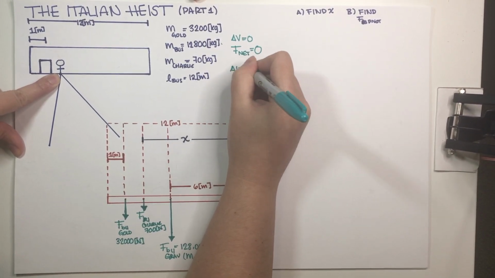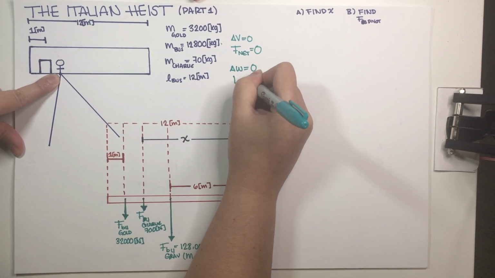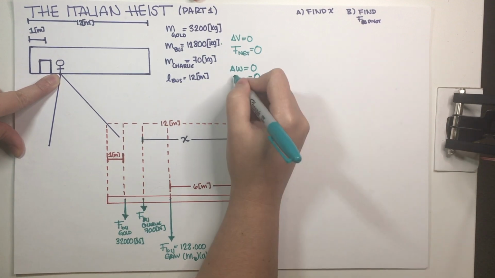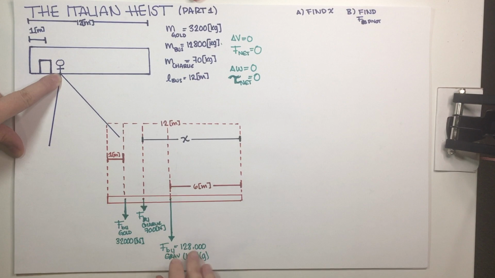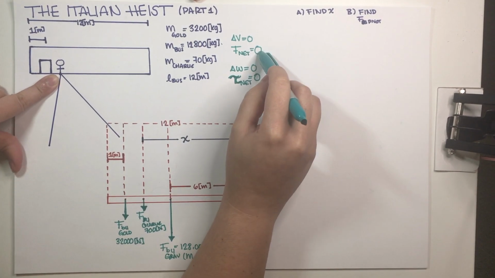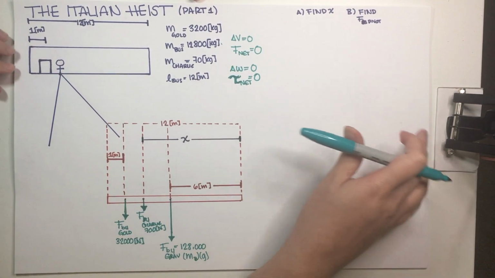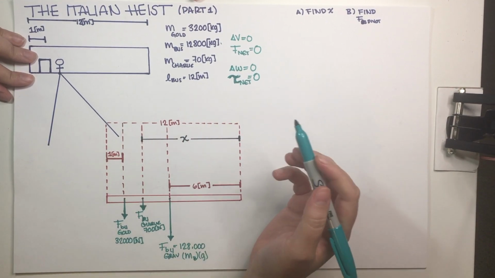And the fact that it is not rotating around the pivot point means that the net torque is equal to 0. So this is how I know that the forces have to add up to 0, and if we have 3 forces going down, they are of course not going to add up to 0. So we do have a big force going up, right?